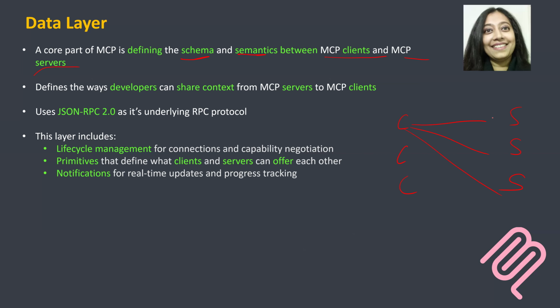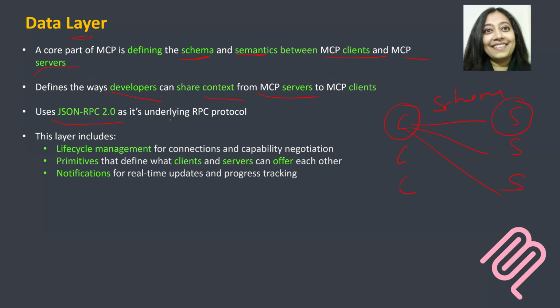So in order for any client to be able to communicate with any server, a common schema needs to be established. And that's what this data layer enables. It also defines ways developers can share context from MCP servers to MCP clients. Of course, it uses the JSON-RPC 2.0 protocol.